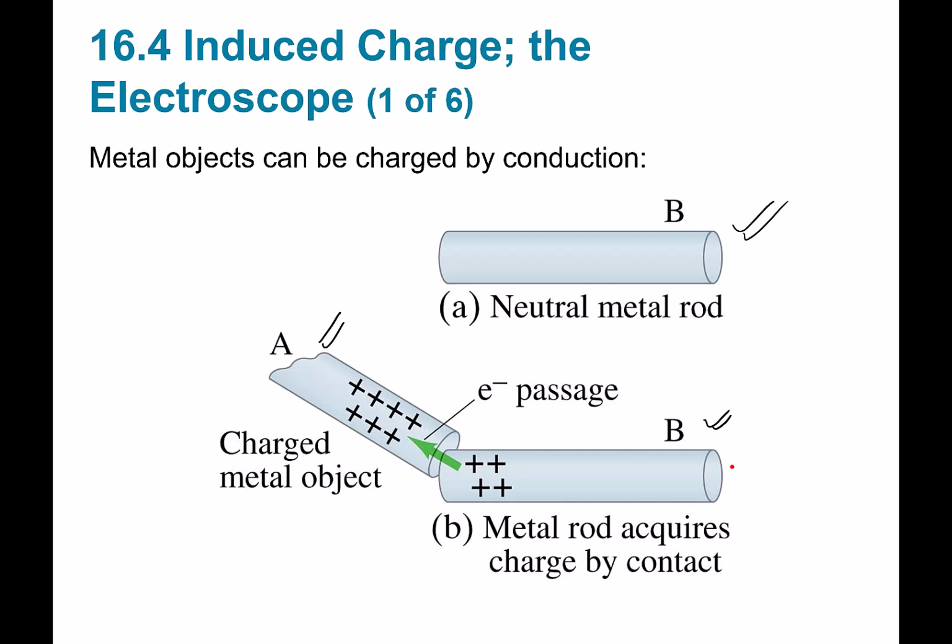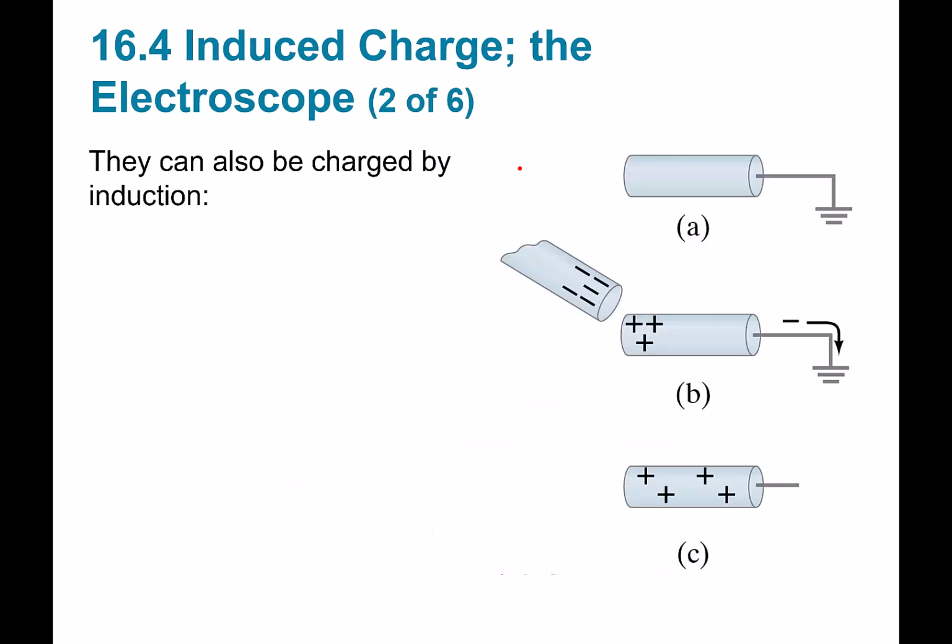This process of transferring electrons, thereby acquiring a positive charge, is called conduction, because we are directly touching the objects. There is another way of charging as well, called induction, for example in an electroscope. We'll talk about that.